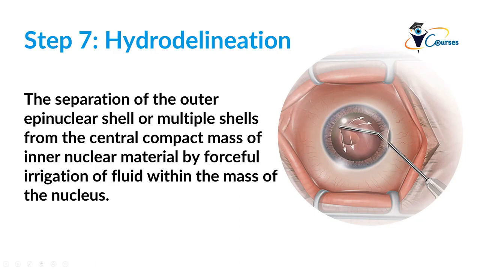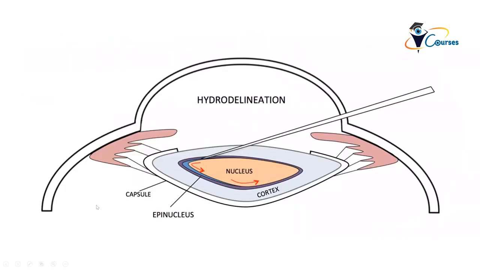In order to facilitate the nucleus removal, and in order to protect the posterior capsule by leaving an epinucleus shell or cushion that is protecting the posterior capsule. So we are here separating the nucleus from the epinucleus. We place the needle in between the nucleus and the epinucleus and inject in order to allow the fluid to pass to the other side.